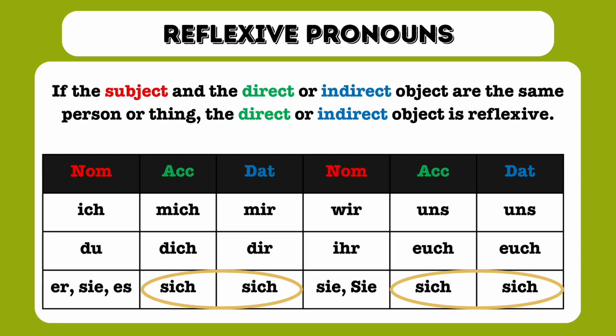Instead of mich in the accusative case, now in the dative case, we have mir. In the accusative case, we had dich instead of du, and in the dative case, we end up with dir. Both the accusative and dative forms for wir and ihr are the same, so we have uns and euch for both accusative and dative. Again, er/sie/es and the two other sie forms all use sich as their reflexive pronoun.